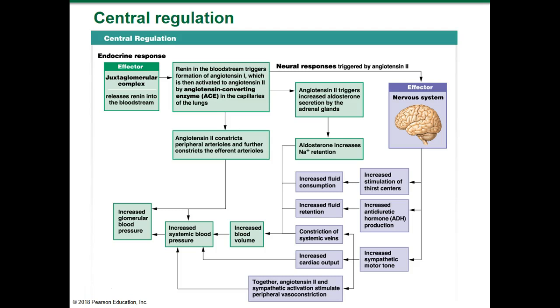Together, angiotensin 2 and the sympathetic activation stimulate peripheral vasoconstriction, so some of the blood vessels constrict. That increases overall pressure as well. In the end, you have increased blood volume, increased systemic blood pressure, and finally, increased glomerular blood pressure. All this to just get the pressure back up in the kidneys so you can push fluid over to make urine.